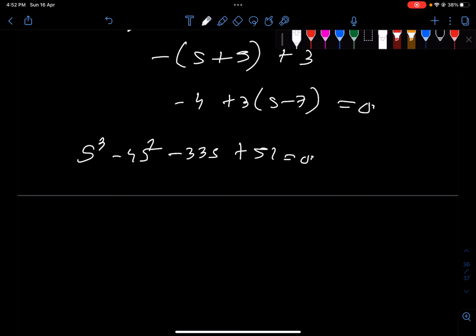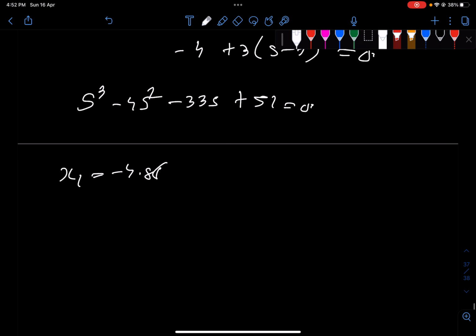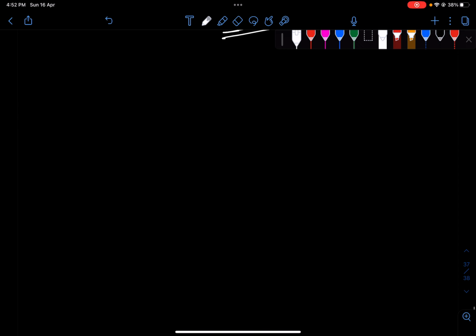On solving, you get x1 equal to minus 4.88, the next is 7.49, and x3 as 1.39. So 2 on RHP and 1 on LHP. That's our answer.